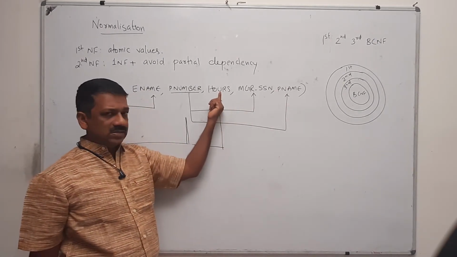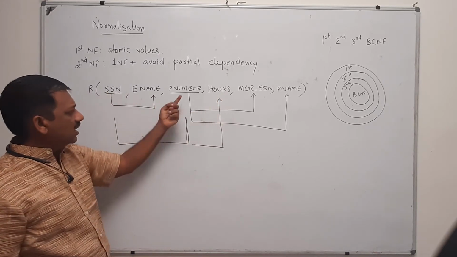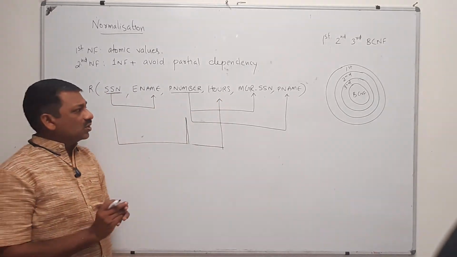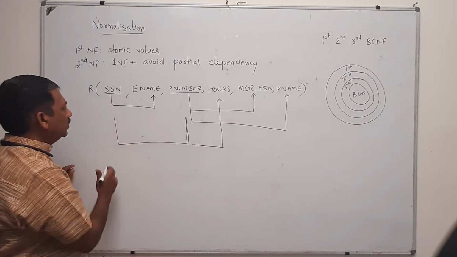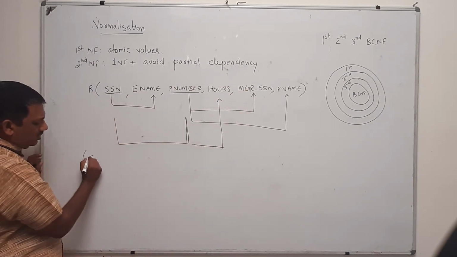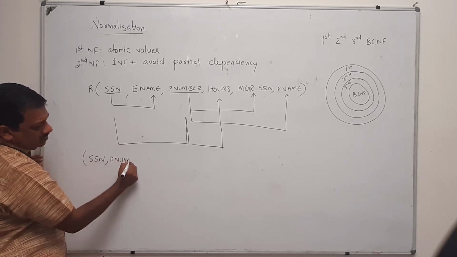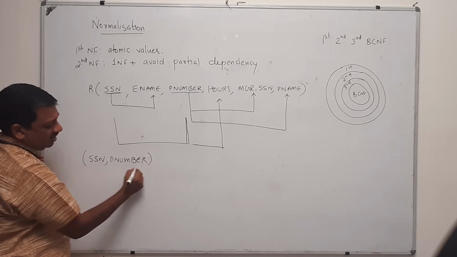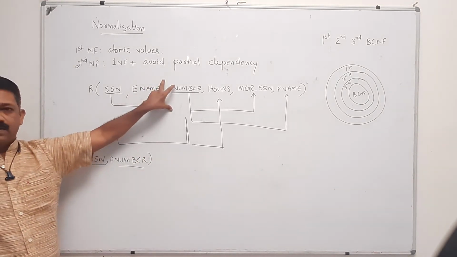This number of hours worked can be determined by SSN and P number together. So for this table as a whole, you should have SSN and P number together forming the primary key. This is the primary key for this.